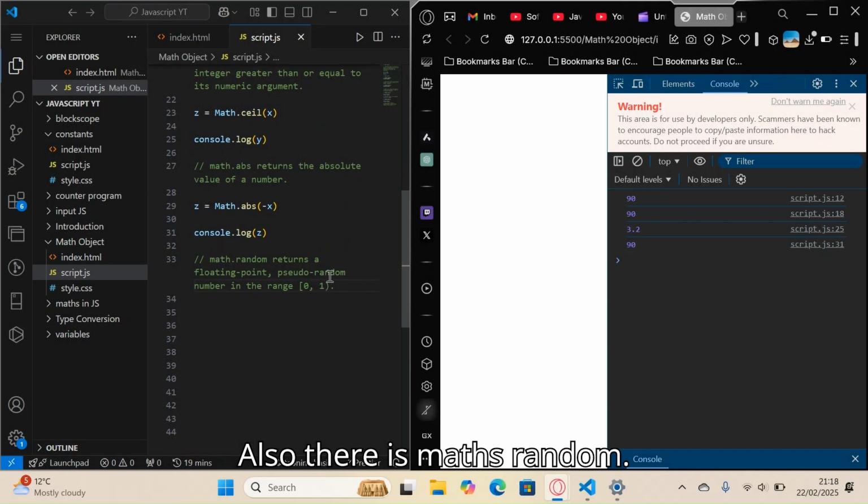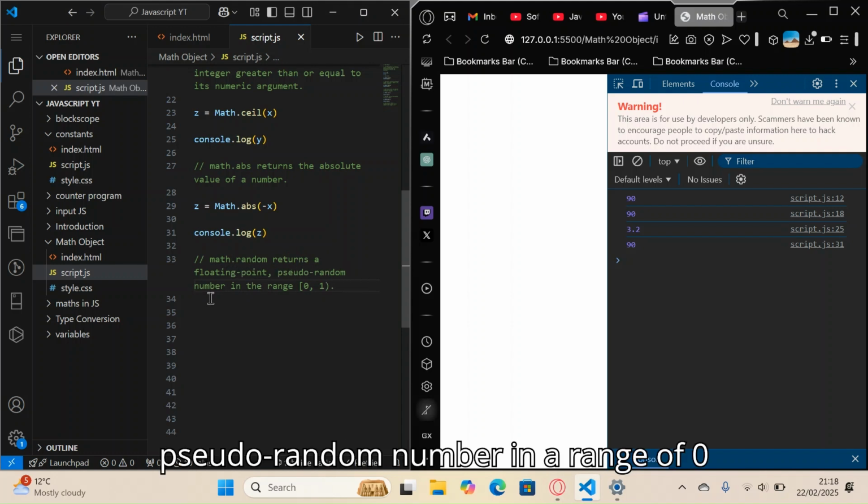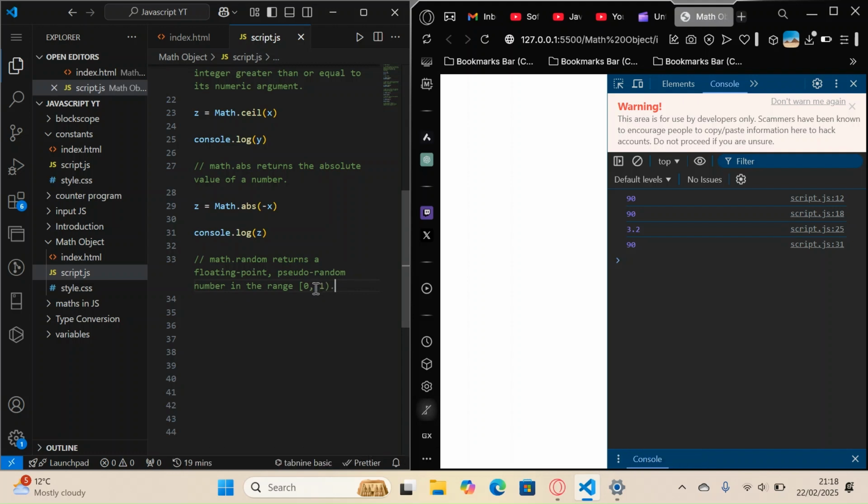Also, there is math.random. Math.random returns a floating point pseudo-random number in the range of 0 to 1. So between 0 and 1, it will be a decimal.